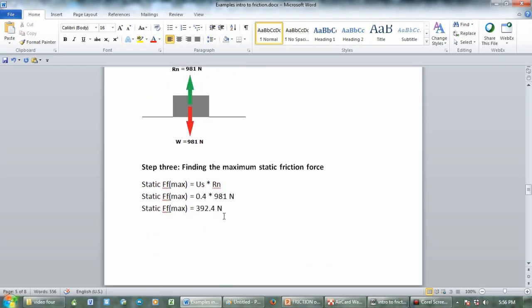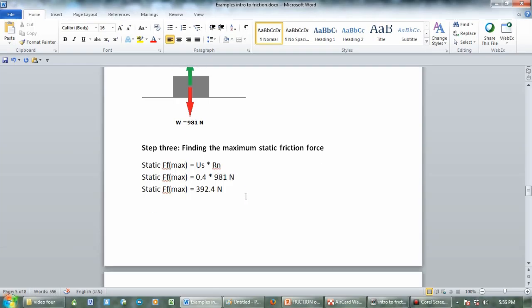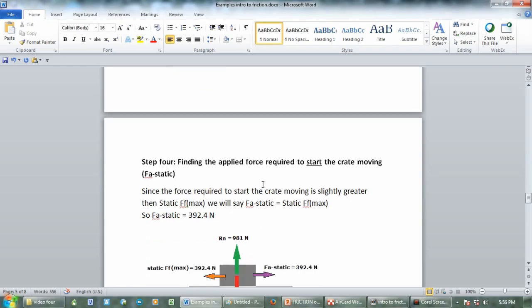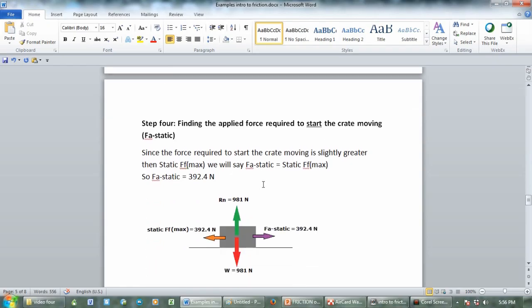Step 3. Finding the maximum static friction force. Maximum static friction force equals the coefficient of static friction times Rn. Maximum static friction force equals 0.4 times 981 newtons. Maximum static friction force equals 392.4 newtons. Step 4. Finding the applied force required to start the crate moving.